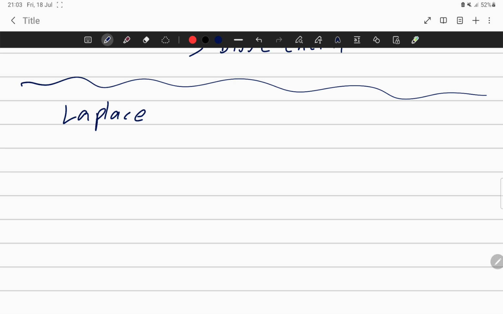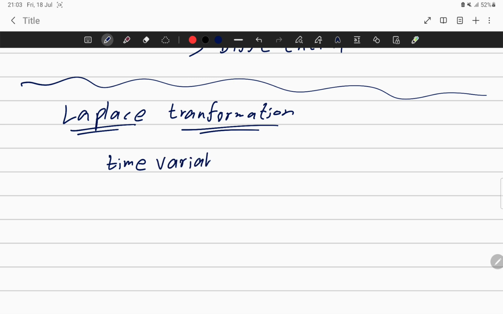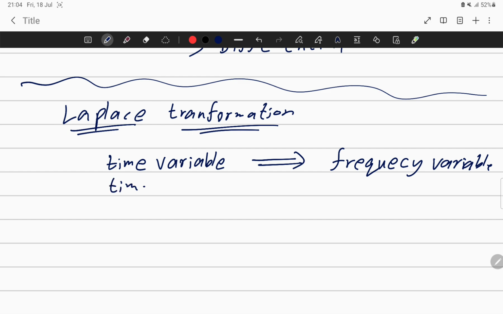Laplace transformation is basically changing the time variable into a frequency variable. That basically means it changes the time domain to the frequency domain, right?